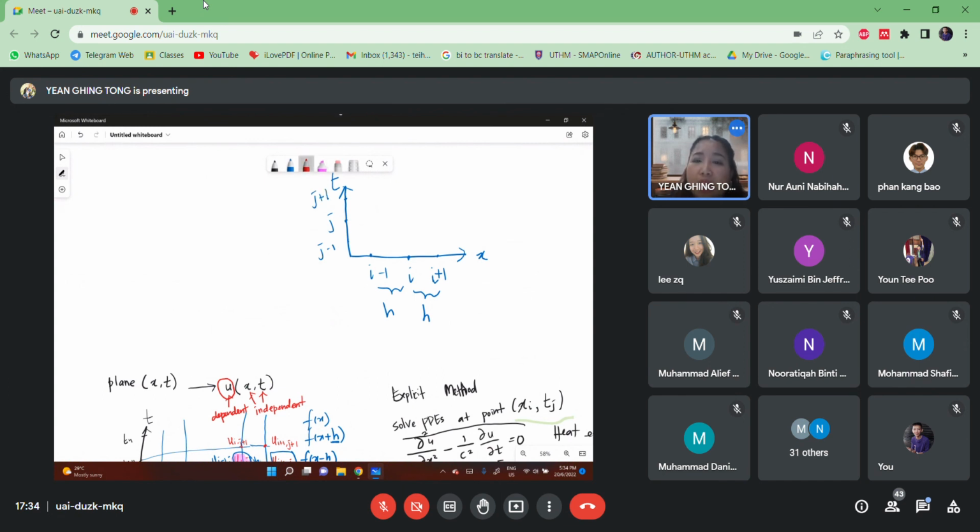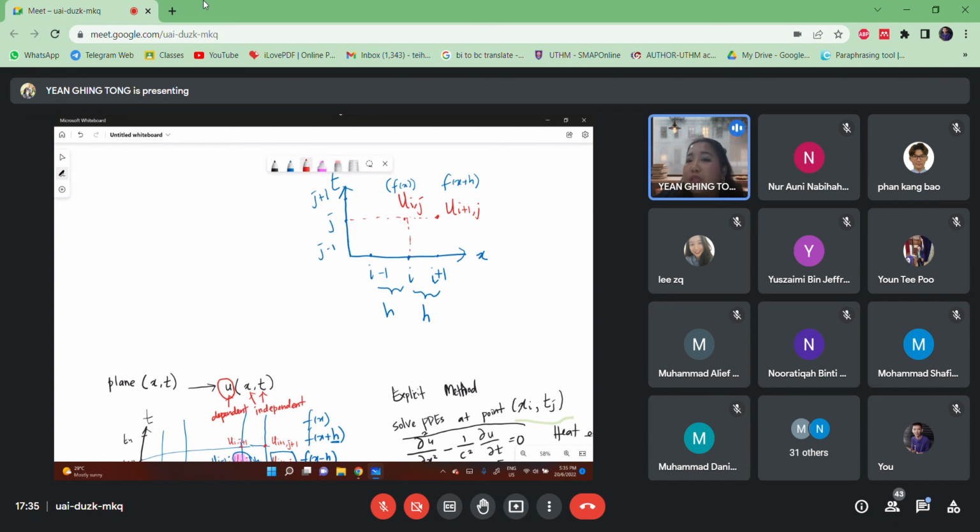So let's say I want to get the value. This is a value here. So here this is I,j, uij. If I add the step size, let's assume this one is similar to this one. Let's say I add its step size, so it will become this one, ui plus 1,j.